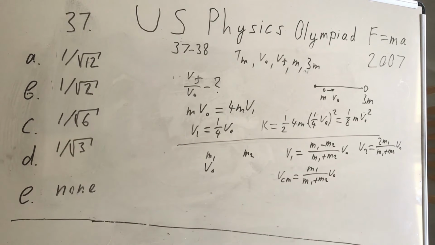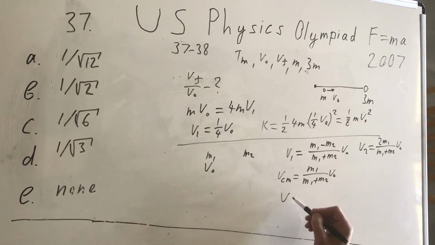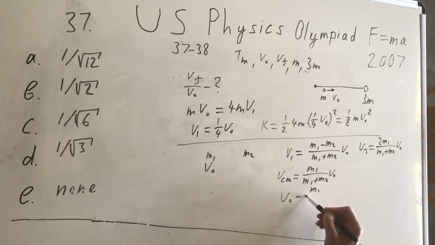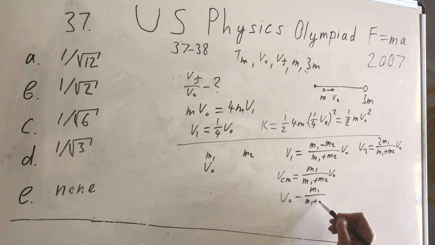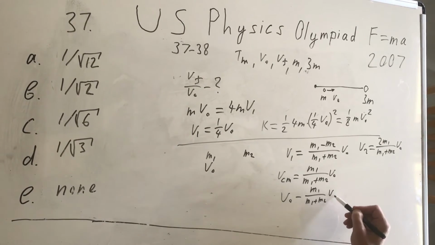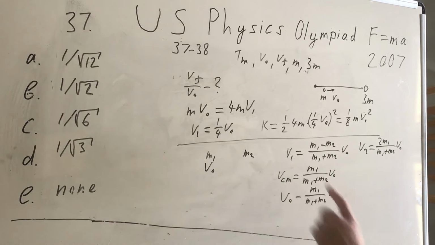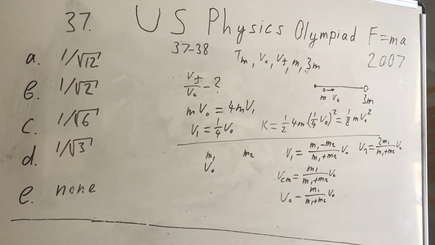For the first mass, the velocity in the center of mass frame will be v0 minus m1 over (m1 plus m2) v0. That's the velocity of this first mass in the center of mass frame.